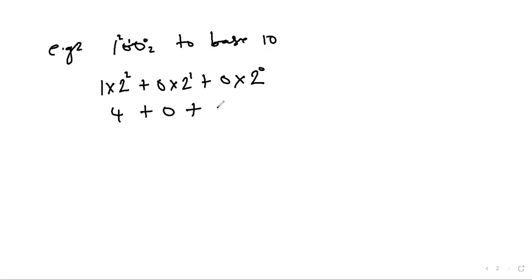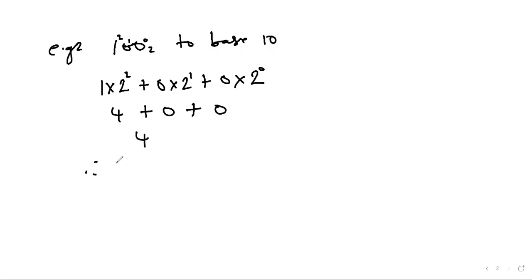So this one is say 1 times 2 plus 0 times 2 plus this other 0 times 2. Then you identify the powers 0, 1, 2. So this will be 2 raised to the power 2 is 4, times 1 is 4, plus 0 times 2, 0. 0 times 2 is 0. So the final answer is 4.